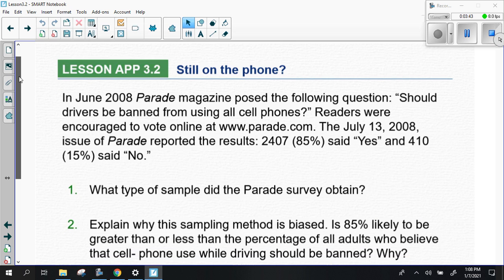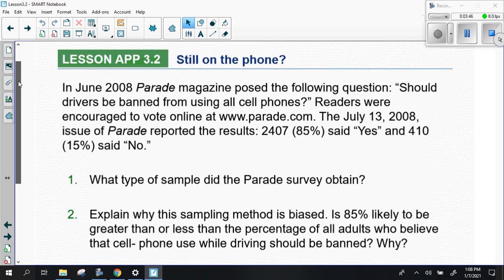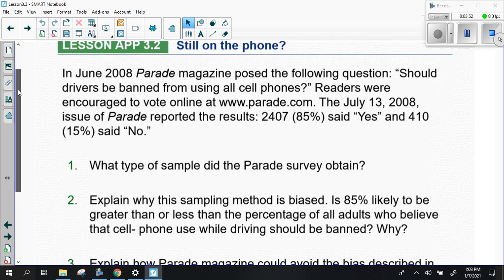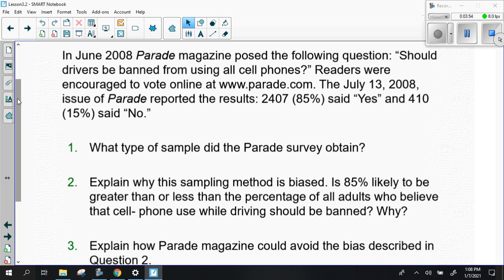All right, so let's do a problem. Like I said, this was going to be a really quick one. You're welcome. Let's look at this example. Parade Magazine was asking, should drivers be banned from using all cell phones? So they encouraged readers to vote via their website.